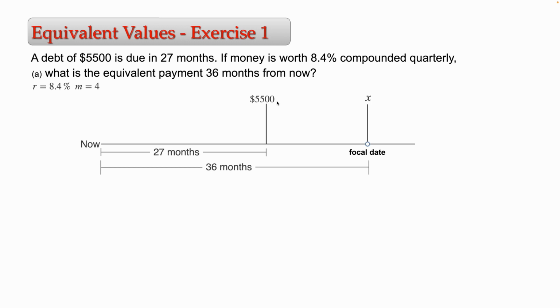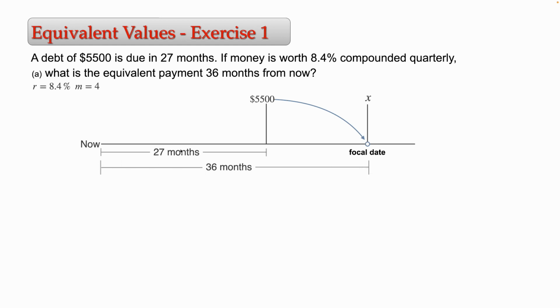So we need to compute the future value, because we need to move from here to here forward in time. To compute the future value, we need to know how long is the time between the moment this 5,500 is due and the focal date. There are 27 months from now to this, and 36 months from now to the focal date.